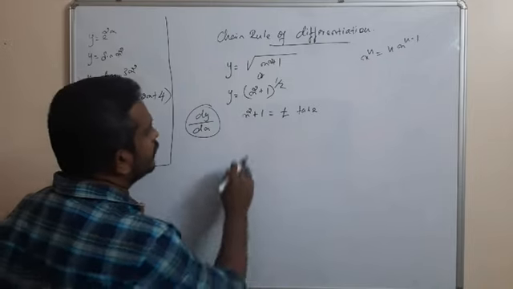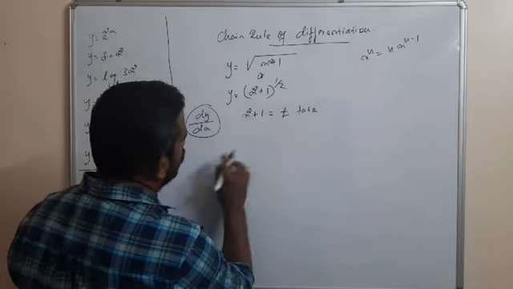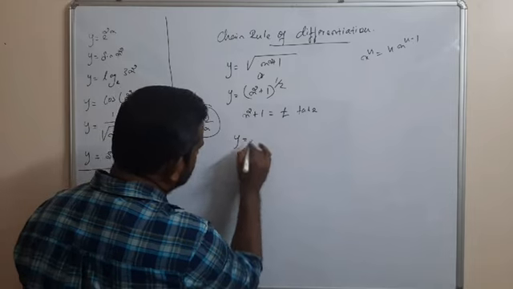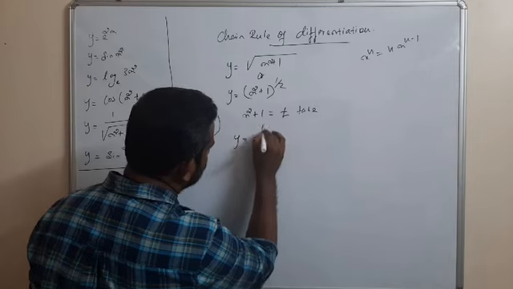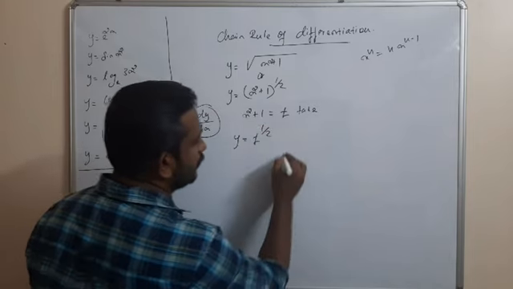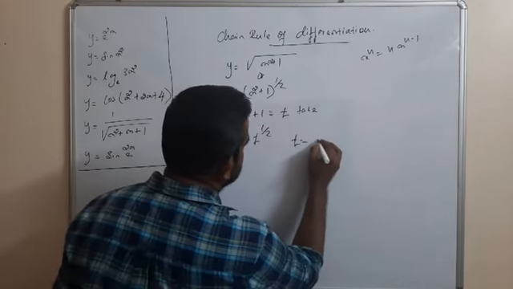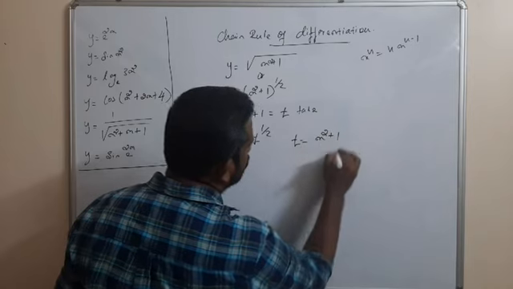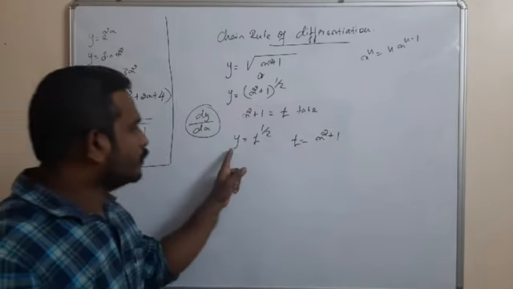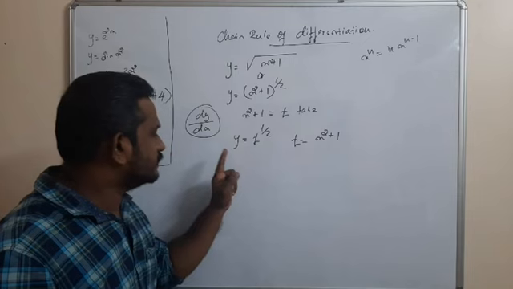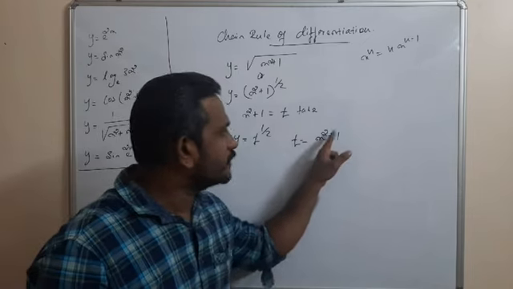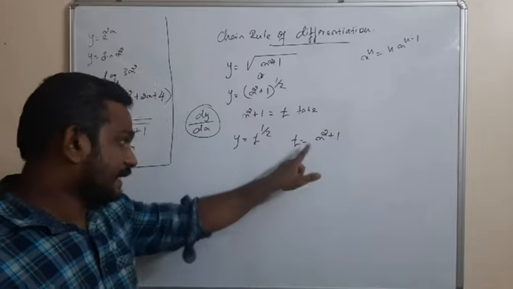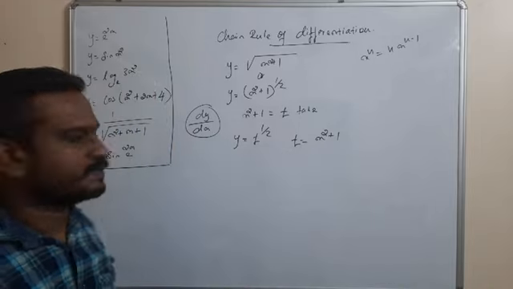Now we can write y is equal to t power 1 by 2, and t is equal to x square plus 1. Now y is a function of t, and t is a function of x.